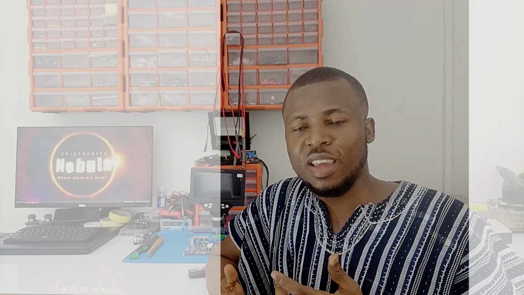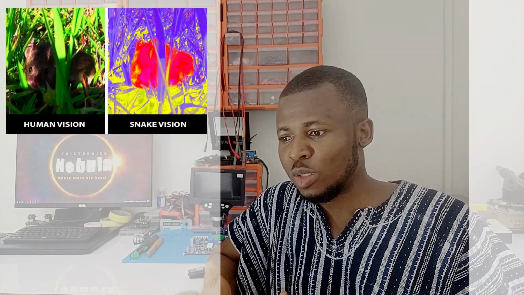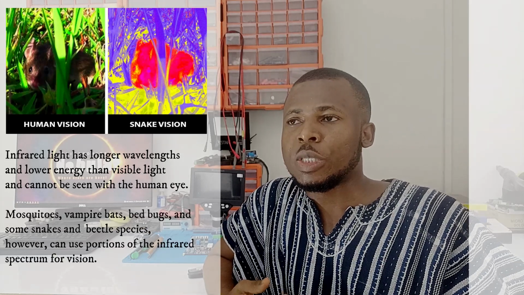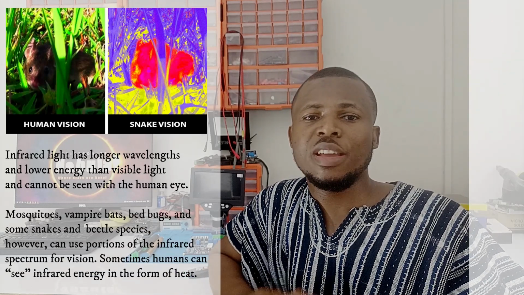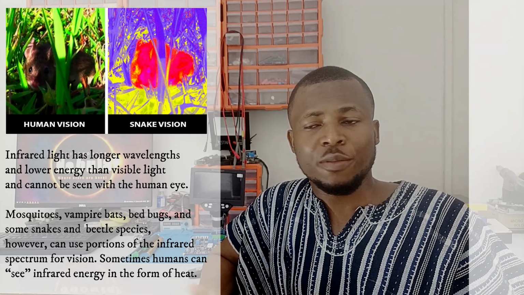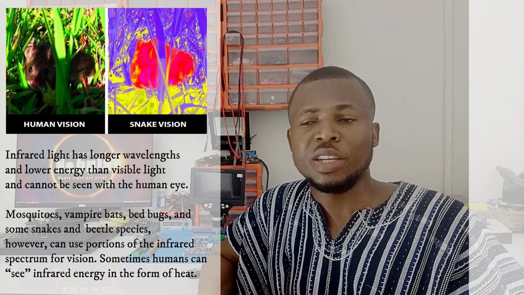However, there are some animals that can see in the infrared region. So when human beings see darkness, those animals will actually be able to spot objects in their environment, right? This is because it is a known fact that any object whose temperature is above zero Kelvin, that's absolute zero, emits some amount of thermal radiation.